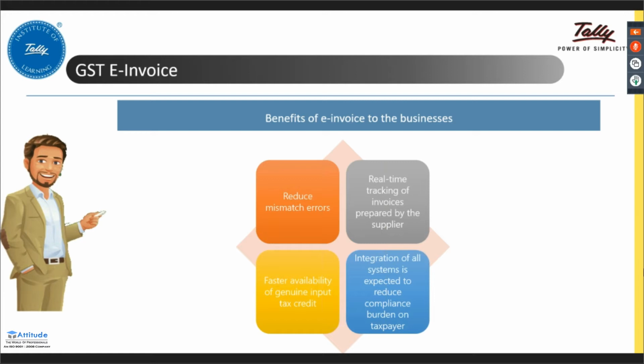Using e-invoicing, we are eliminating all the steps of generating manual invoices, posting or sending them to the buyer, and later claiming ITC after filing GSTR 3B. All these processes have been eliminated. So these are the benefits of e-invoice to businesses.